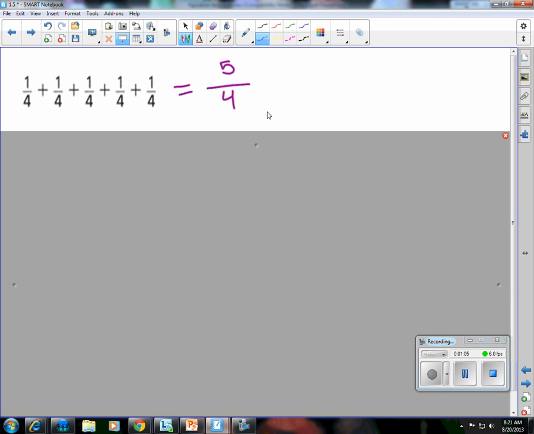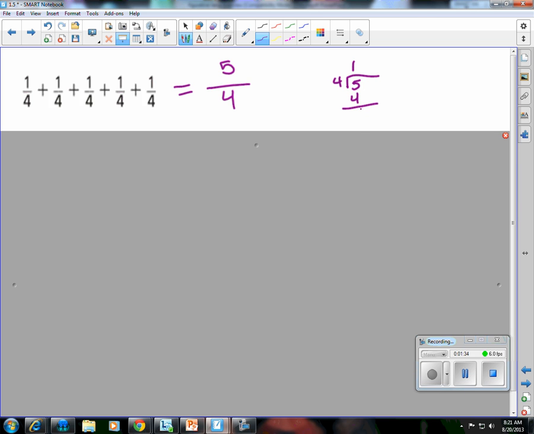So what I do when I'm converting these improper fractions is I think, how many 4s could I pull out of this 5? Or, 5 divided by 4 is what? Because this fraction bar represents division. When I do 5 divided by 4, 4 goes into 5 one time.